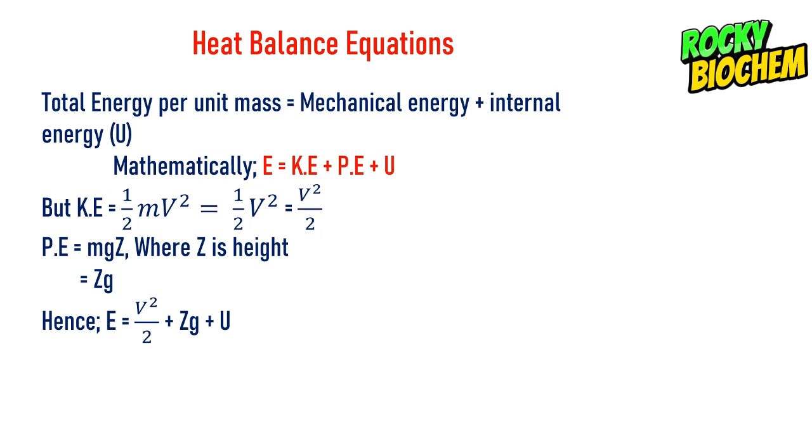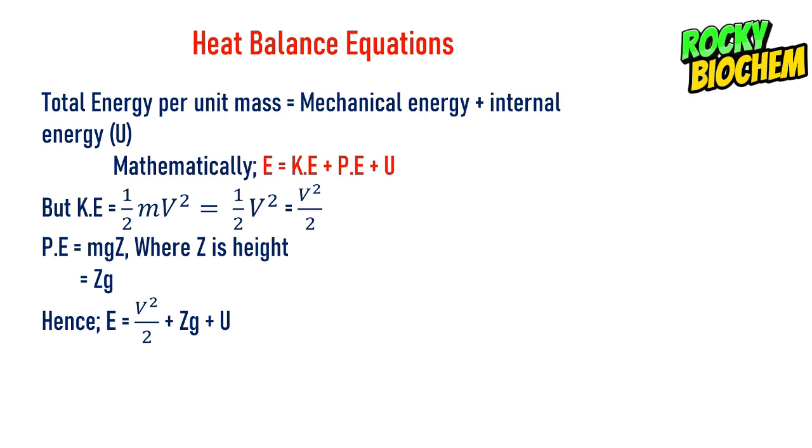If we put the values for kinetic energy and potential energy into the equation highlighted in red here, we get E equal to v squared over 2 plus ZG plus U, where v squared over 2 represents kinetic energy, KE, and ZG represents PE, potential energy, all plus U.